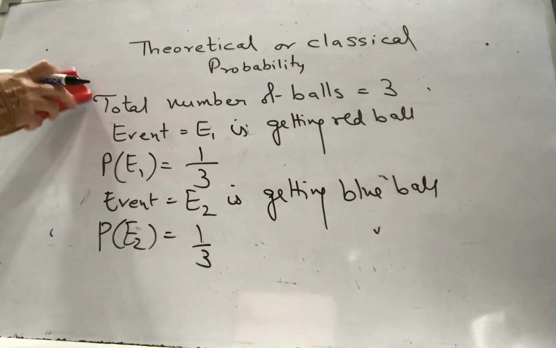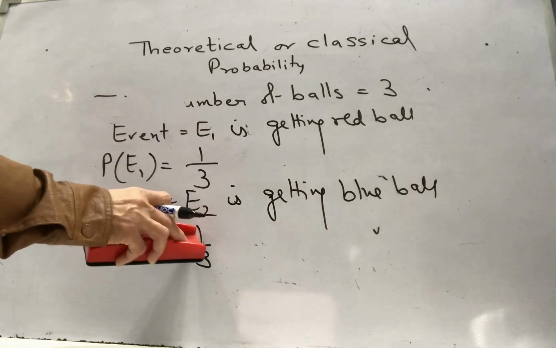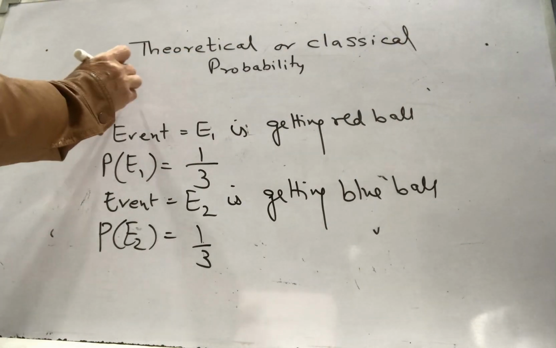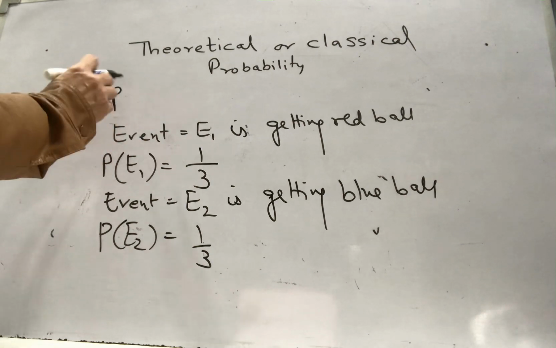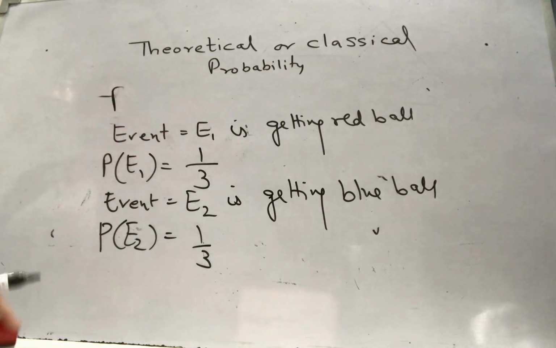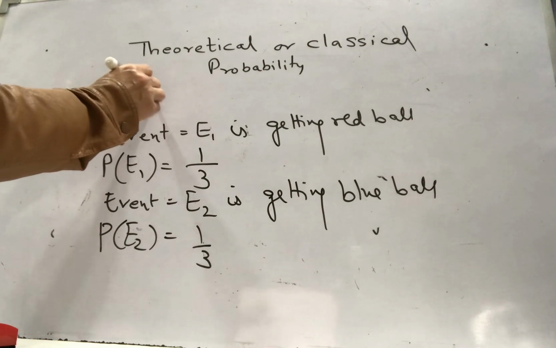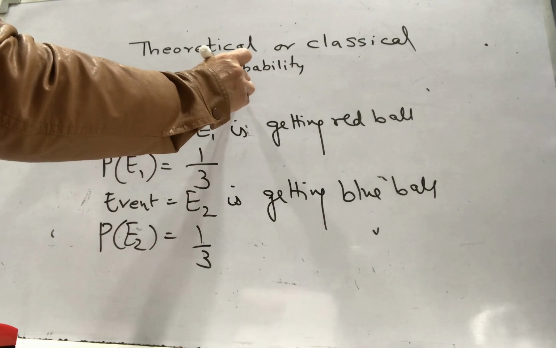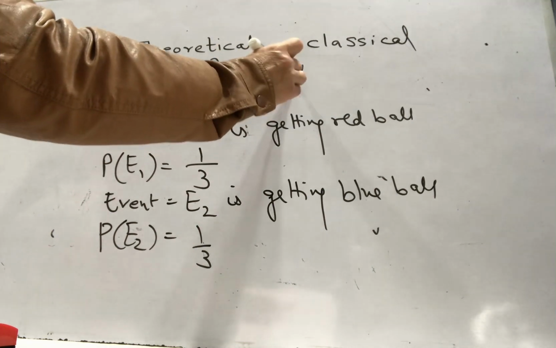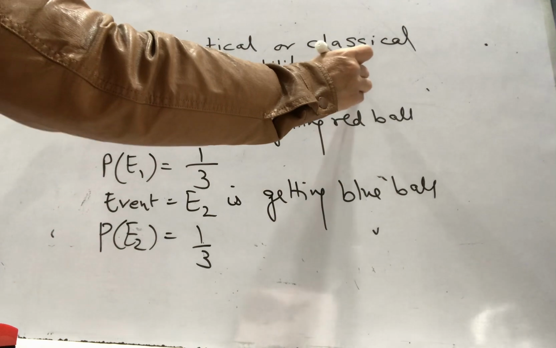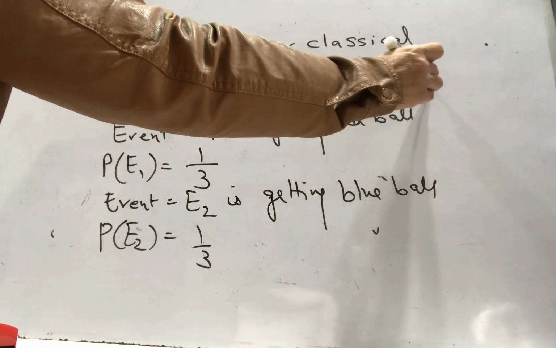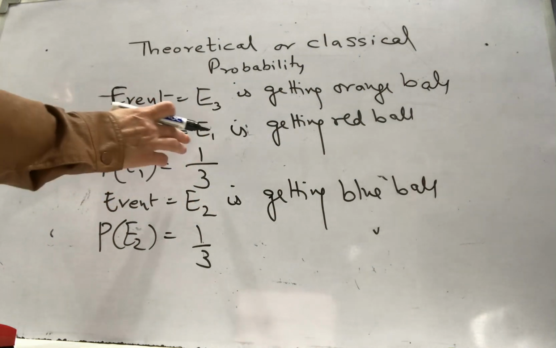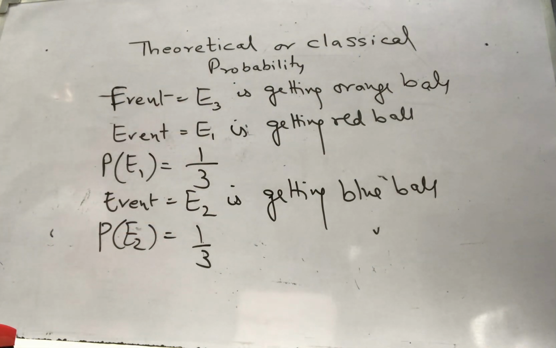Now let's talk about the third one. When the outcome is 1, we call them elementary events. First let me write the third event, E3, which is getting an orange ball. You can see that when 1, 1 each was there, my outcome is 1 whenever I want success in my event.